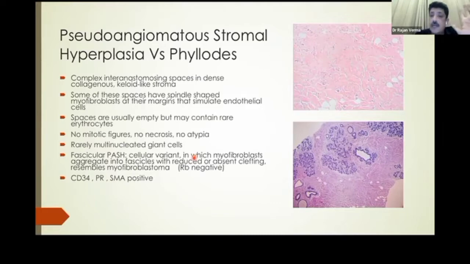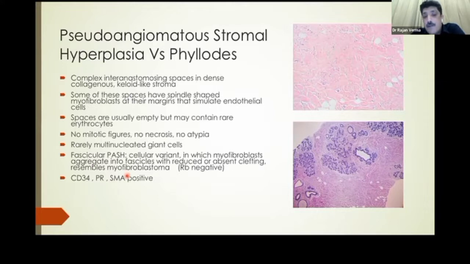Rarely, as I told you earlier, you can have multinucleate giant cells accompanying PASH. There is a variant of PASH which is called fascicular PASH. It's a very cellular variant where the myofibroblasts aggregate into fascicles, with reduced or absent clustering.